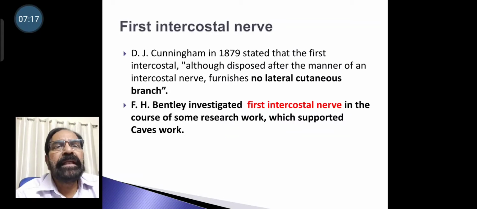Cunningham in 1879 stated that the first intercostal, although disposed after the manner of an intercostal nerve, furnishes no lateral cutaneous branch. Bentley investigated the first intercostal nerve in the course of some research work which supported Cave's work.